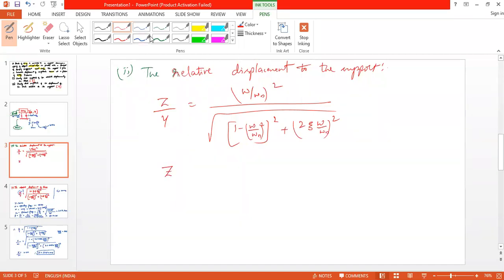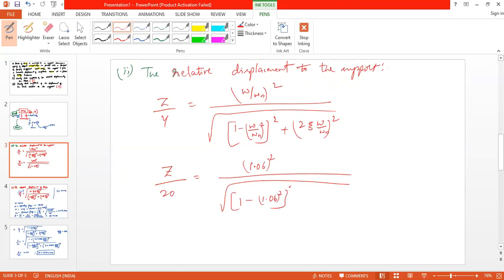Here we need to find the value of z. So z divided by 20 is equal to 1.06 whole square, divided by root of (1 minus 1.06 whole square) plus (2 into 0.138 into 1.06) whole square.